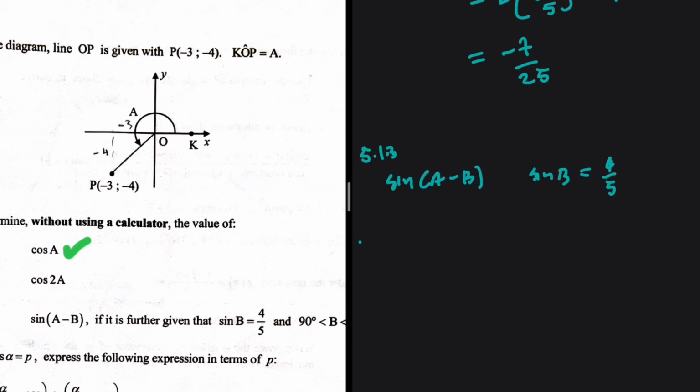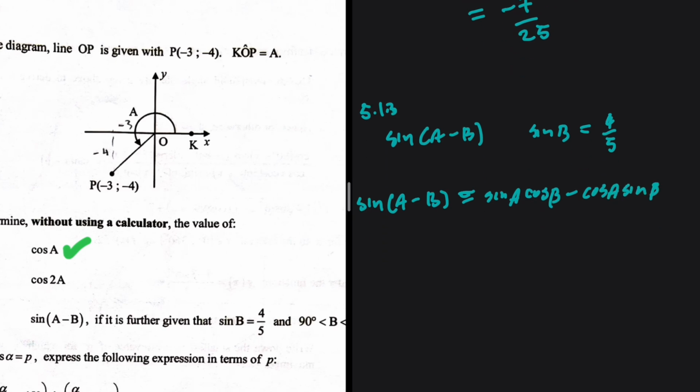We know from the basics that sine of A minus B is equal to something. The best thing to do with this kind of question is to not write the formula from your head. You have the question paper, copy it down. So in this case, we will have sine A cos B minus cos A sine B.